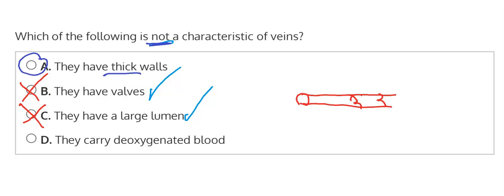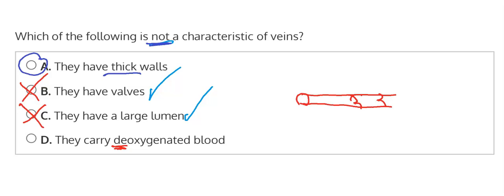And then option D says they carry deoxygenated blood. Deoxygenated means that there is no oxygen yet. It needs to go to the lungs to receive its oxygenation. And this is true. There are instances where the veins do carry the deoxygenated blood, the blood that does not have oxygen, back into the heart.